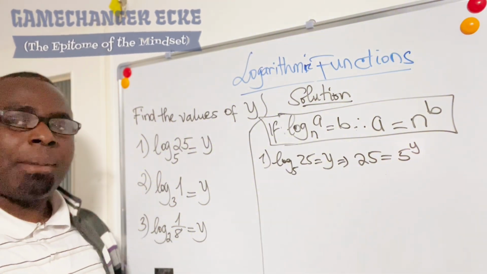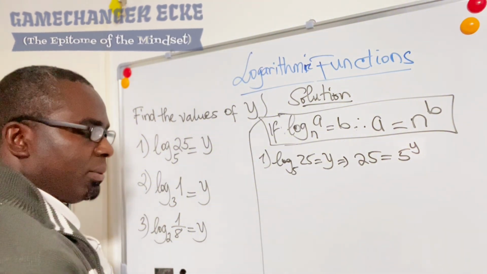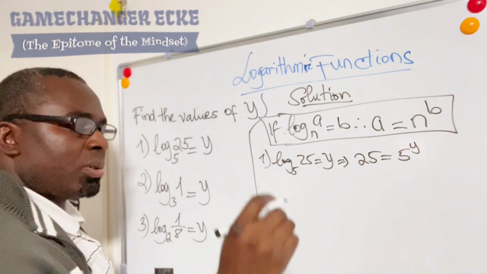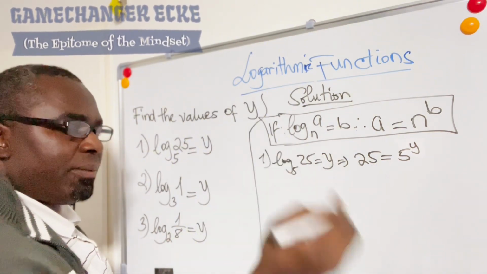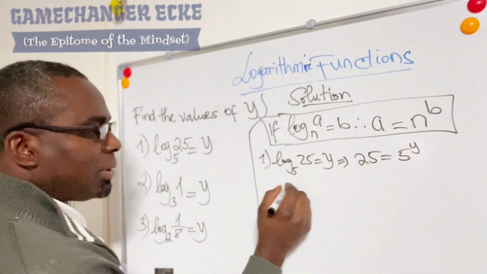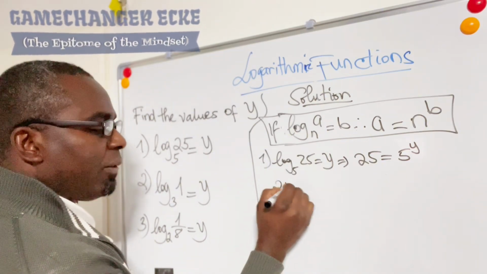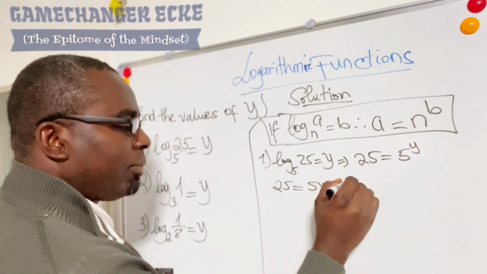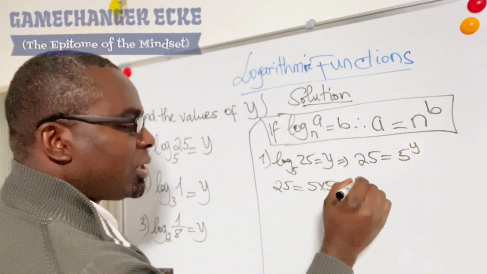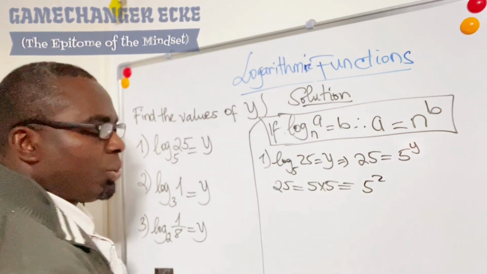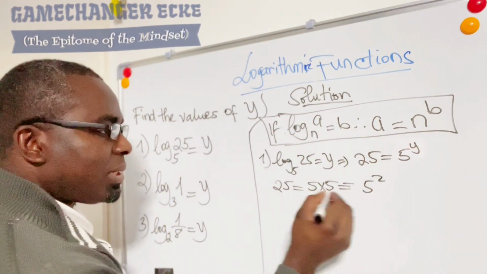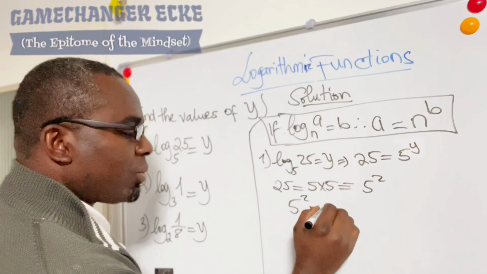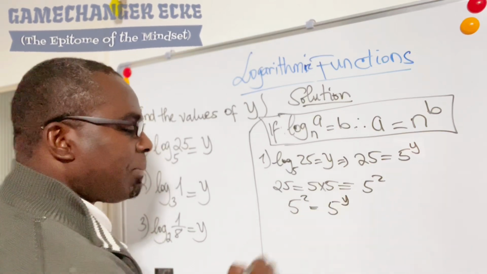So here we apply the laws of indices. 25 is the same as 5 times 5, which is still the same as 5 to the power 2. So 5 to the power 2 will now be equal to 5 to the power y.